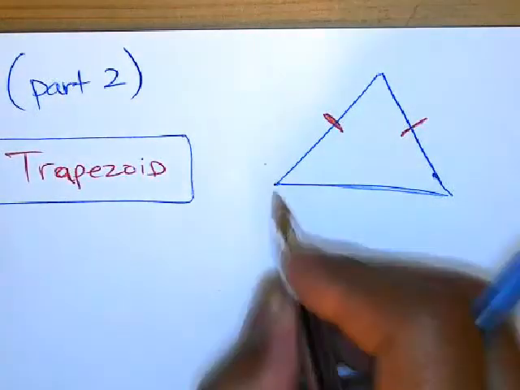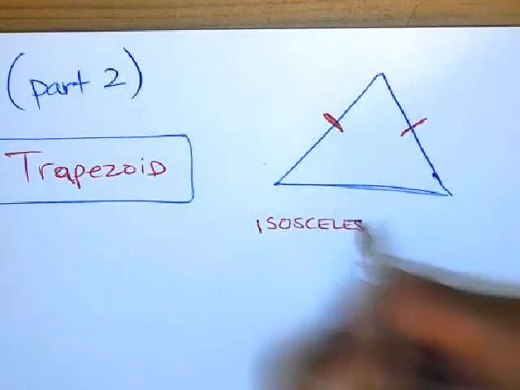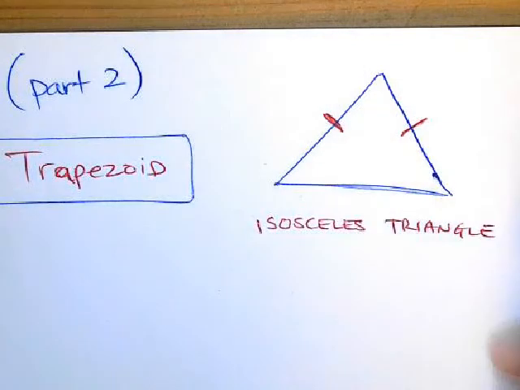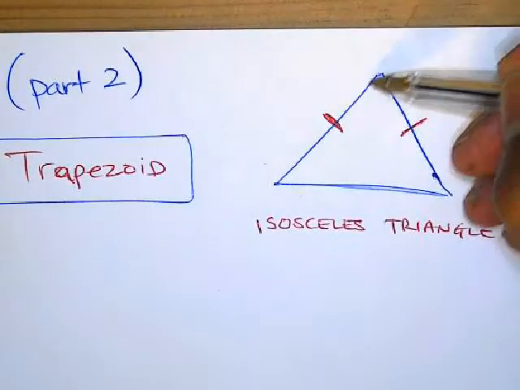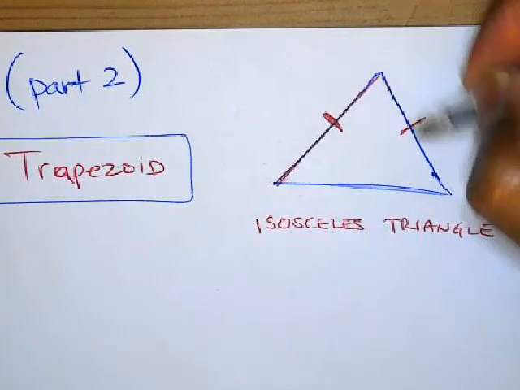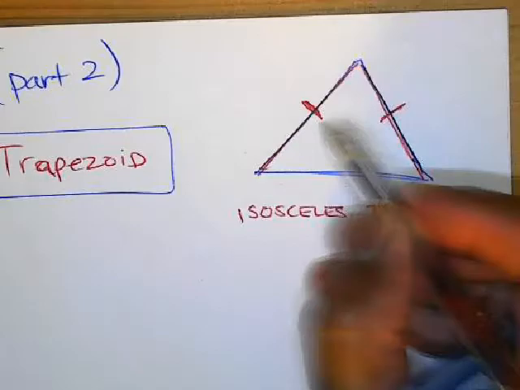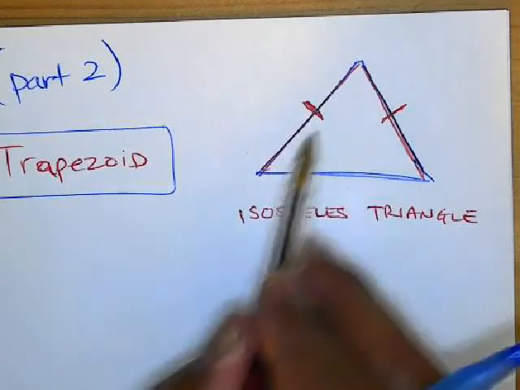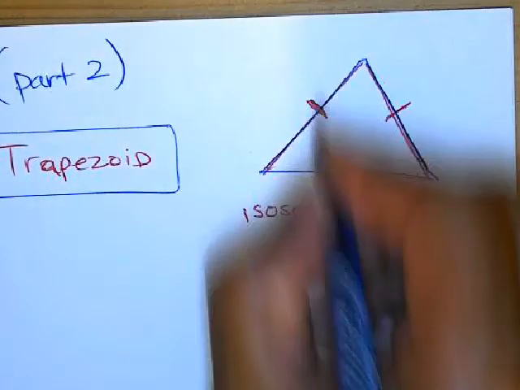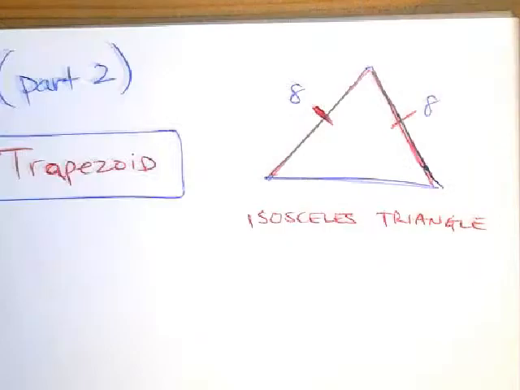This is an isosceles triangle. So it'll have this side and this side congruent, which means they'll be the same measure, right? And these are the little marks. If you see this mark and this mark, that's the congruency symbol. So if this is 8, well, this one's 8.